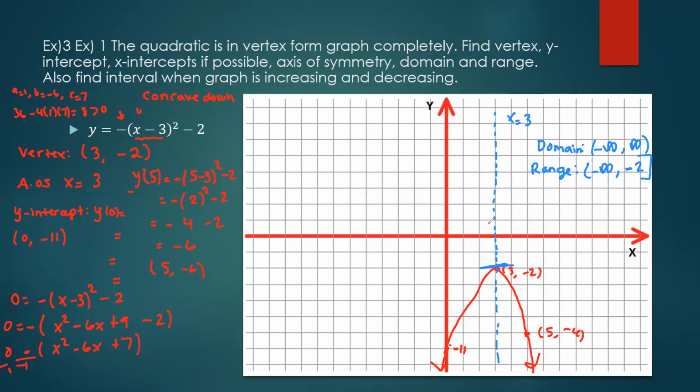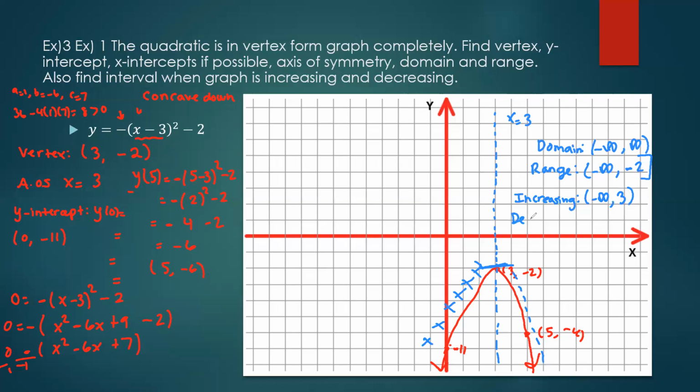Now let's figure out where it's increasing and decreasing. So increasing is all the x values. So over here, it's increasing because it's going uphill. And then down here, it's decreasing. So it's increasing from negative infinity to the x value 3.